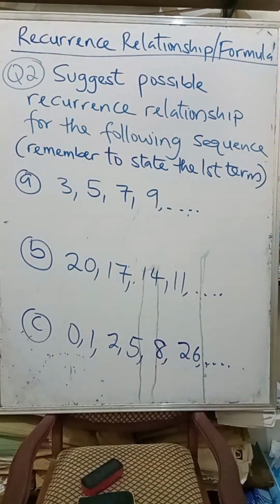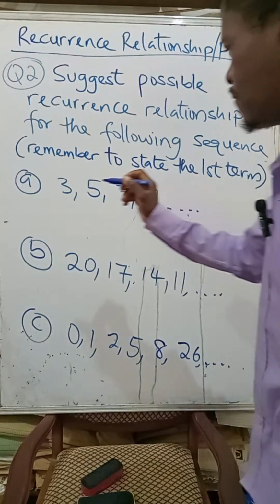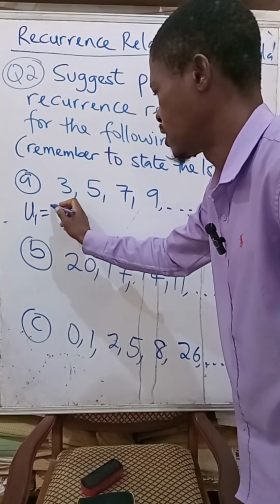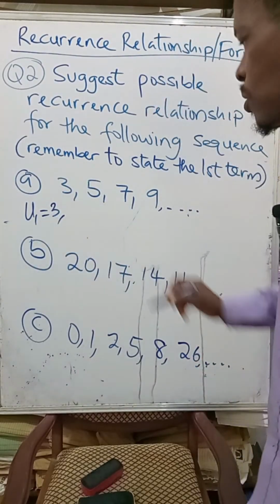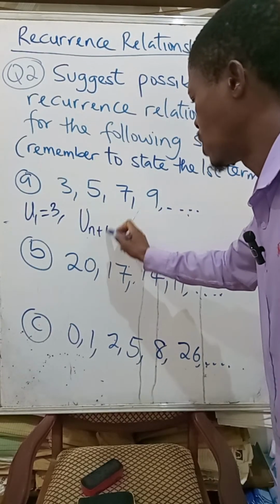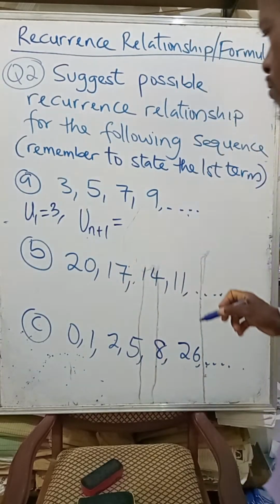So let's go straight to the solution to the first one. Based on the instruction, u1 is 3. And we're going to find u subscript n plus 1, which will be equal to.